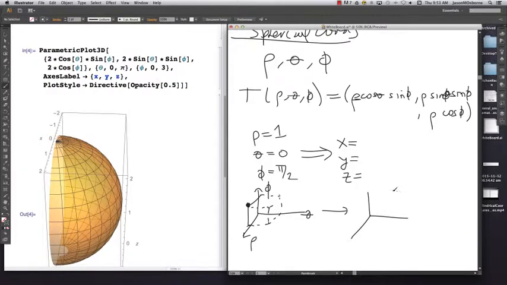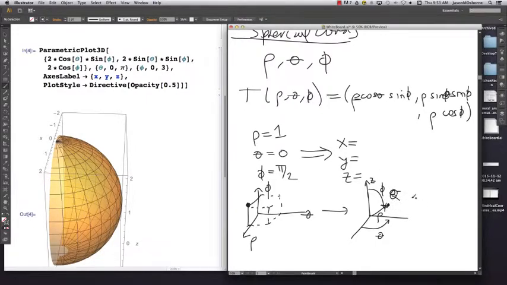So there's going to be some point over here that's on some sphere and is at some angle theta and is at some angle phi measured down from the z-axis and is on some radius rho, some sphere, okay, and that would be your point Q.